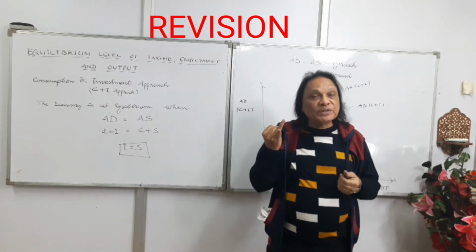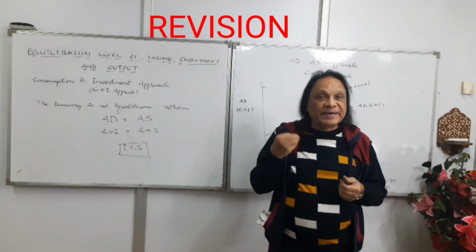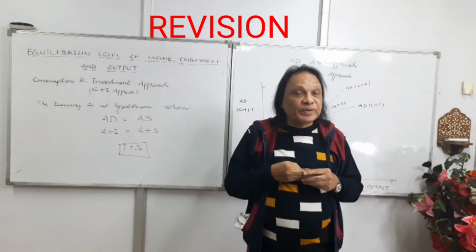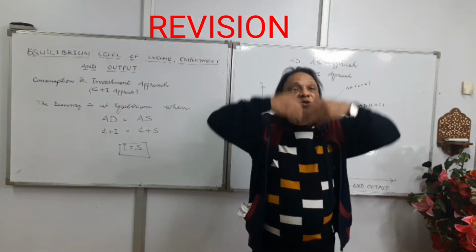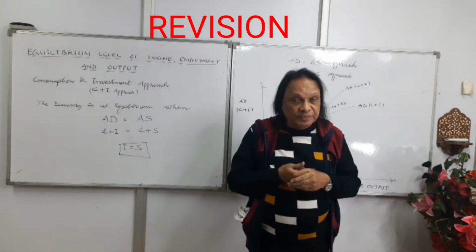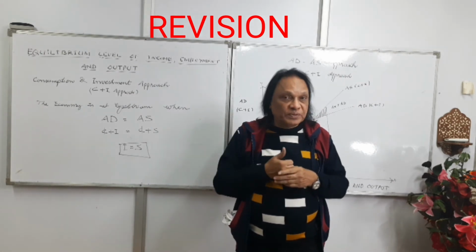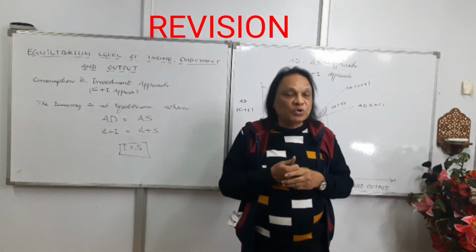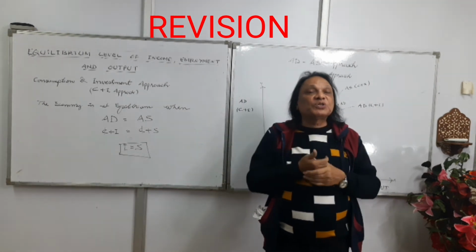We already know that aggregate demand is equal to C plus I and aggregate supply is C plus S. So when AD is equal to AS, it means that what people are planning to spend is equal to the planned output, what the producers are willing to supply.